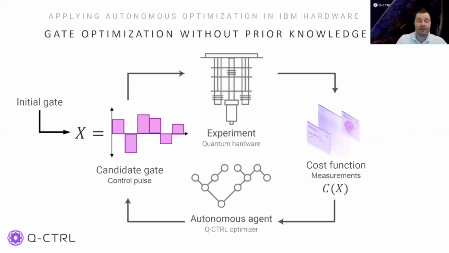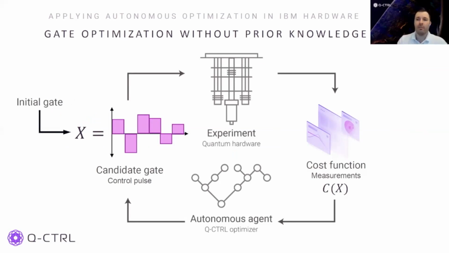Now, when we understand how gates are implemented on the IBM device, we can turn to the optimization part. The basic idea of black box optimization is improving by interacting with the system. As we just saw, gates are implemented by electromagnetic pulses.